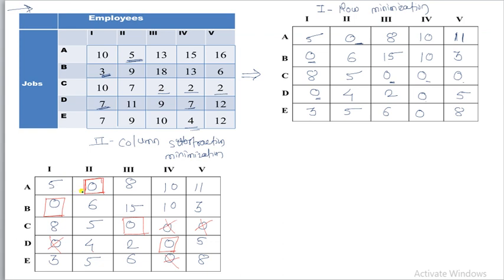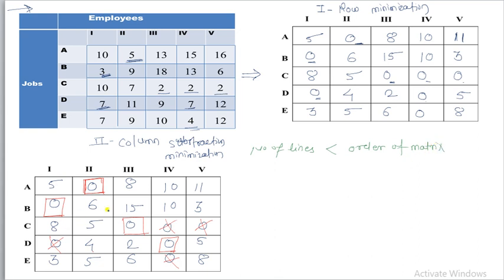So we have to draw lines through the rows and columns such that all zeros are covered and the number of lines is minimum. As I already told, the number of lines we draw must always be less than the order of the matrix, meaning the number of rows or columns.